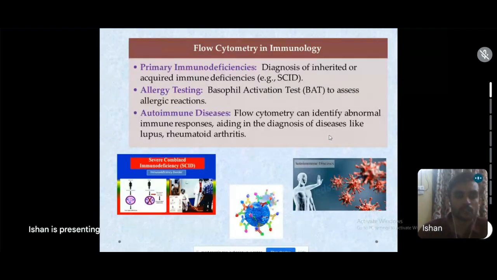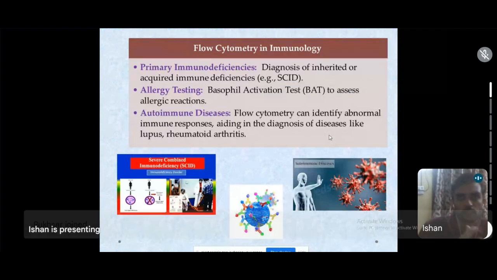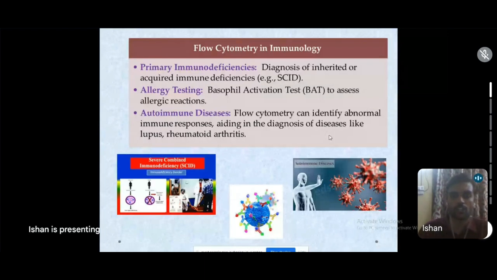Then, allergic testing. Allergy is something which is present in every human being. Each and every human being is allergic to some pollen grain or some kind of environmental stressors. Allergology is a specific branch which teaches about allergy, our natural reactions towards any kind of antigen or any kind of extracellular pathogen. We can be sensitive towards abiotic factors, biotic factors, some maybe to particulate matter, some towards light.